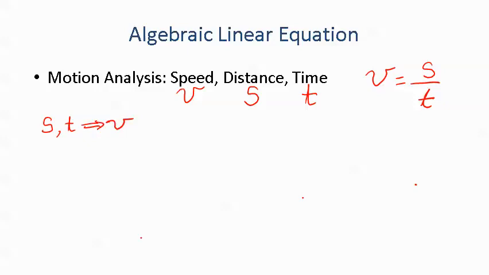If one knows the distance traveled and the speed by which the distance got traveled, one could solve for the time required for the motion. And if one knows the speed and the time, then one could find out the distance traveled.